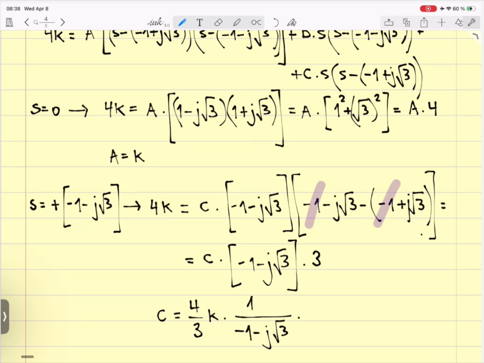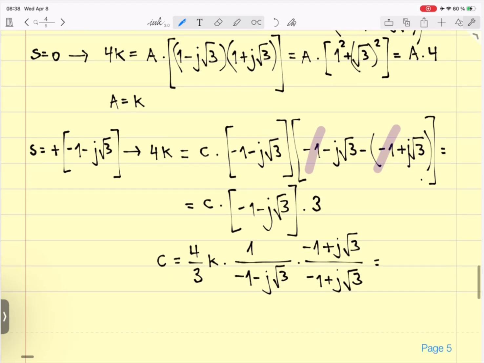We multiply by the complex conjugate. This equals then 4 divided by 3 times k times (minus 1 plus j square root of 3) divided by 4.